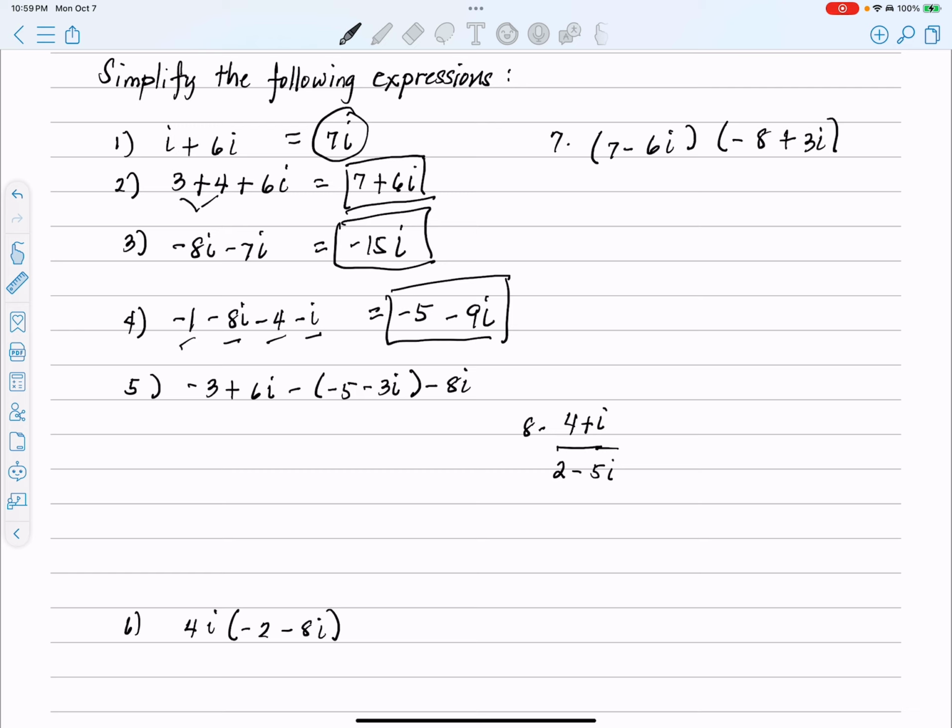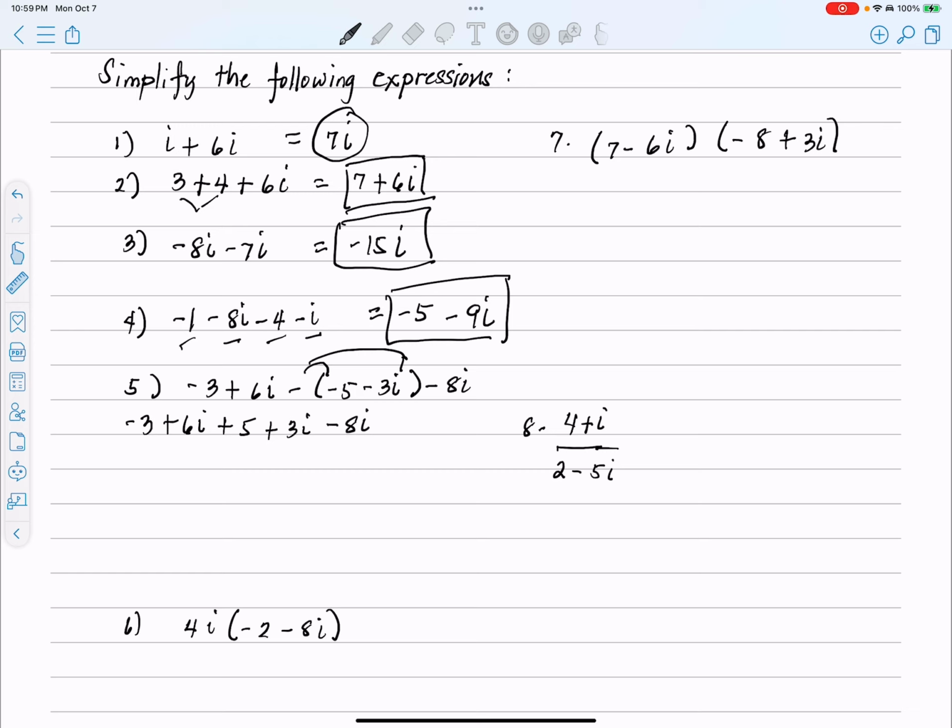So we have negative 3 plus 6i. Negative would become a positive 5. And negative times a negative 3i would become a positive 3i, minus 8i.